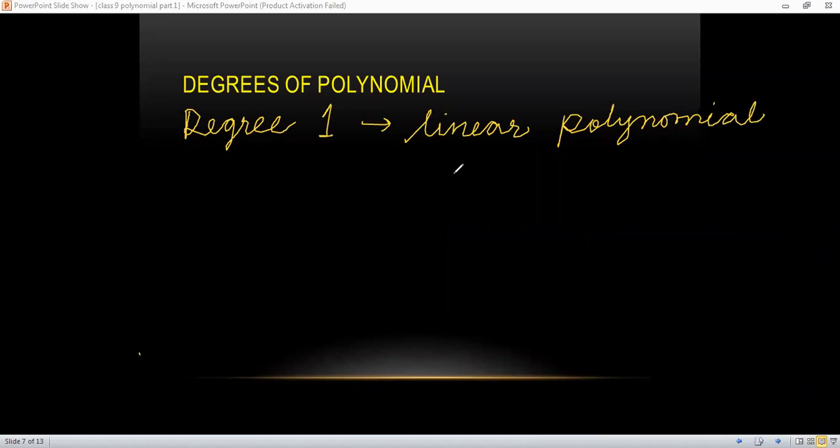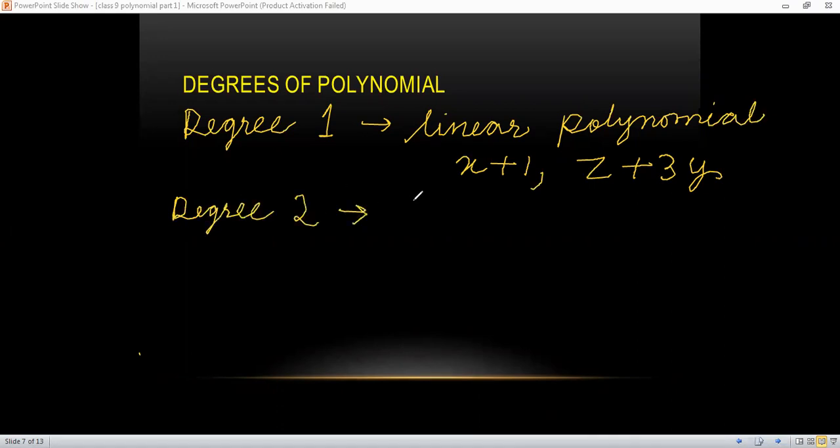For example, if I write x plus 1, here the variable is having 1 degree. Or if I write z plus 3y, this is also a linear polynomial because the variable is having 1 degree. When a polynomial is having 2 degree, we call it as quadratic polynomial.